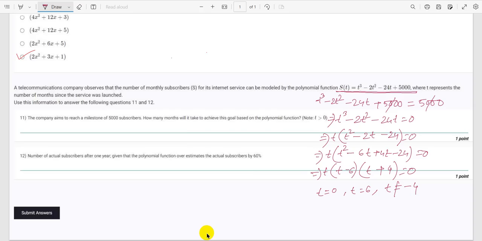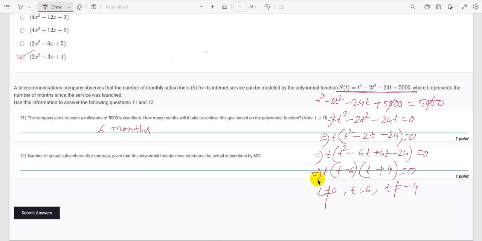So it cannot be minus 4. And here a note is given that t is greater than 0, so t cannot be equal to 0. So t is equal to 6. That means within 6 months the company will reach a milestone of 5,000 subscribers.